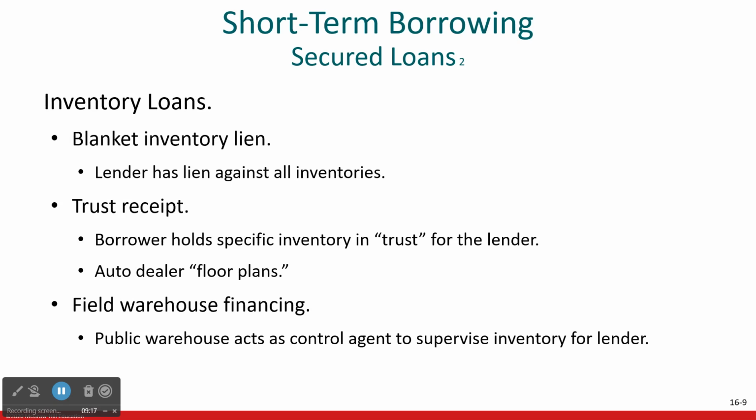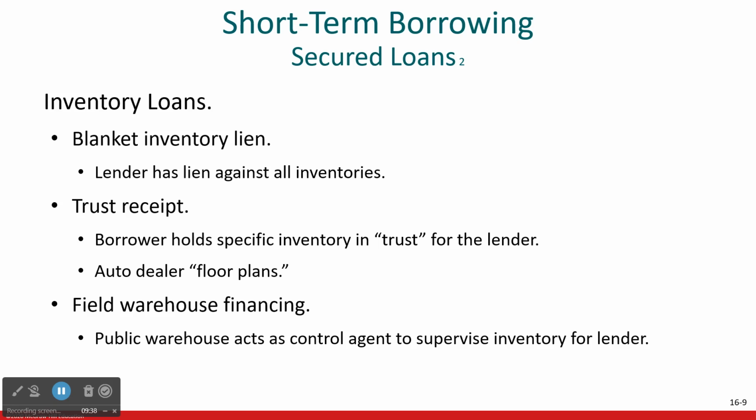We can do inventory loans. That's another way of using our current assets as collateral. And so we see here there's a couple different ways that we can do that. A blanket inventory lien, which means that that lien is against our inventory, and so as we pay it, we must pay them back, or as we sell it, we must pay them back.